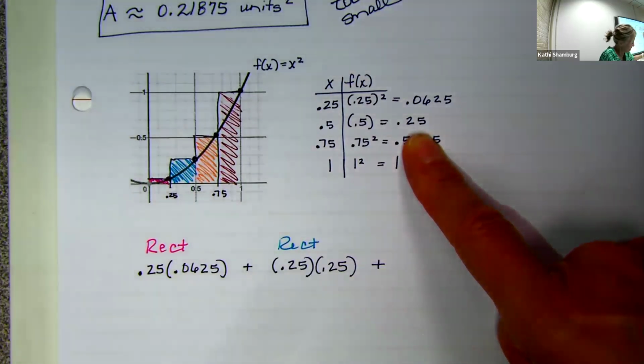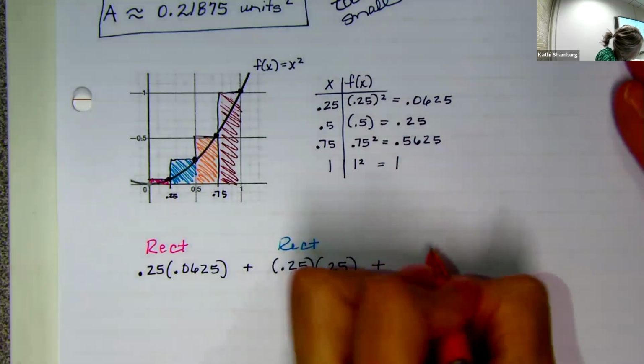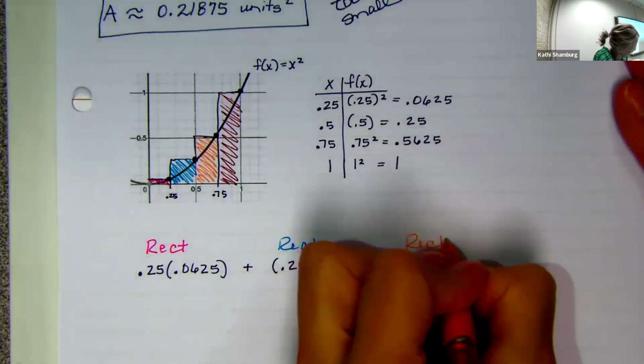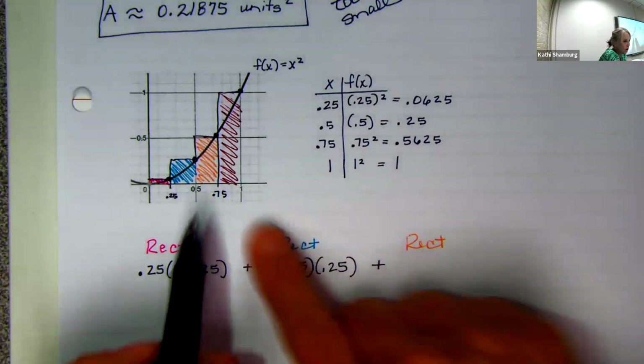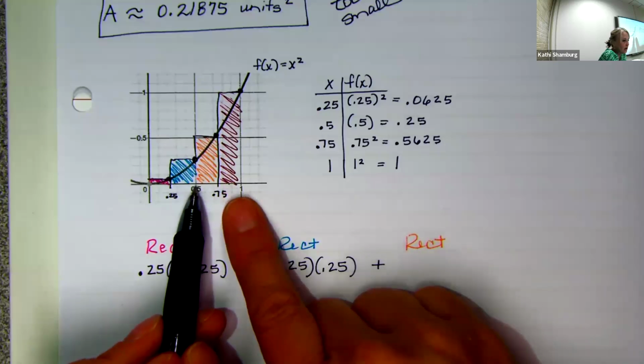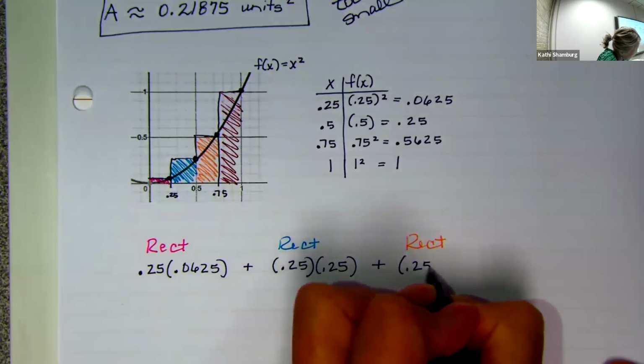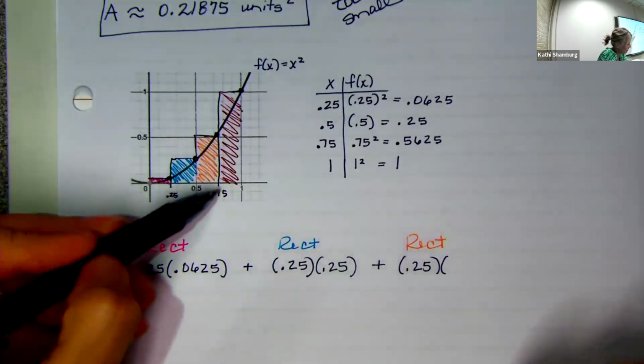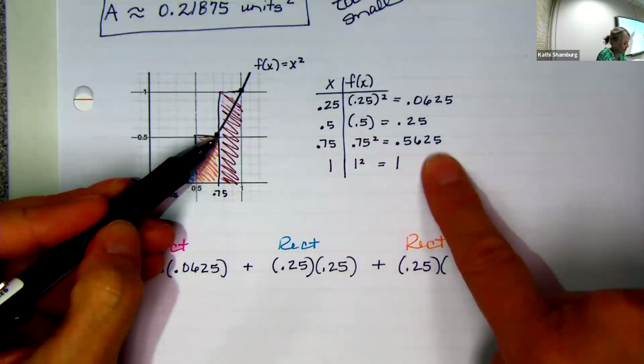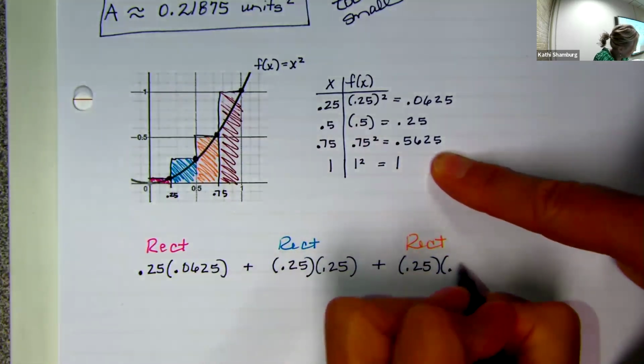And then we have our orange. So now we're looking at the orange rectangle. From here to here is 0.25 again. And then its height is the output 0.5625.